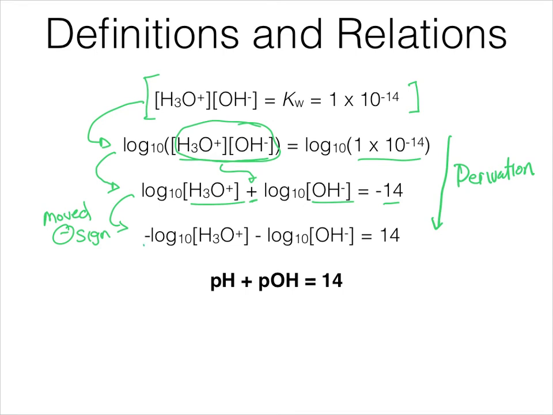Now, this term is also known as pH. And this term, including the minus sign, is also equal to the pOH. And so I can simplify this down to be that the pH plus the pOH is equal to 14.